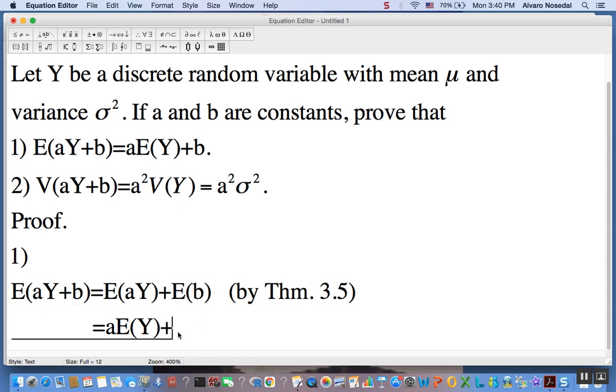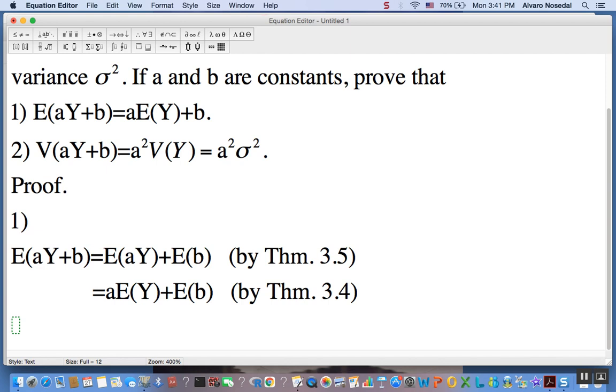And again, in another video, we proved that result. And if I remember correctly, in your textbook, the expected value of a constant times a random variable being equal to a constant times the expected value of the random variable, they labeled it as theorem 3.4. Okay, let's continue.